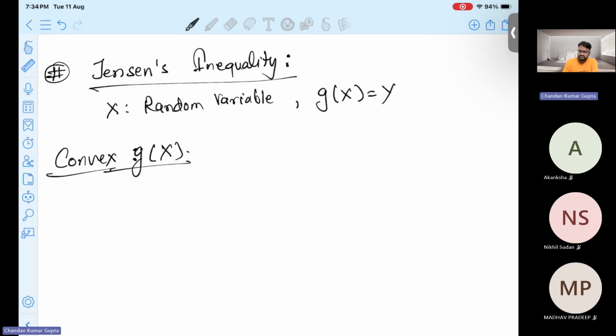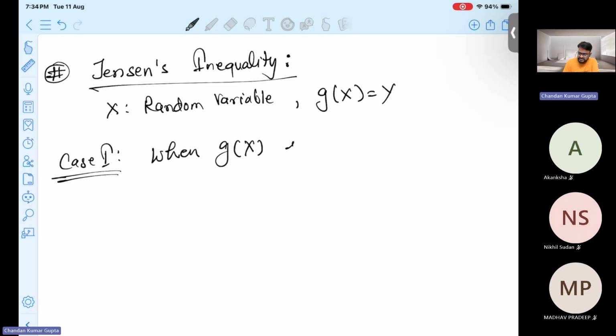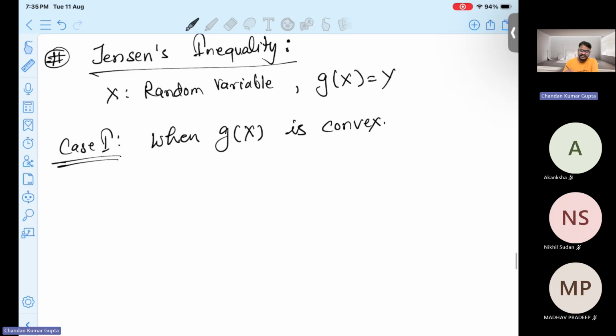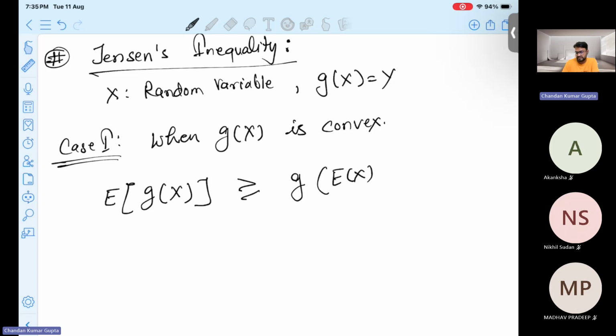When g(x) is convex, then in that case, the expected value of g(x) is greater than or equal to the functional value of the expectation of x. Okay, this is the case.